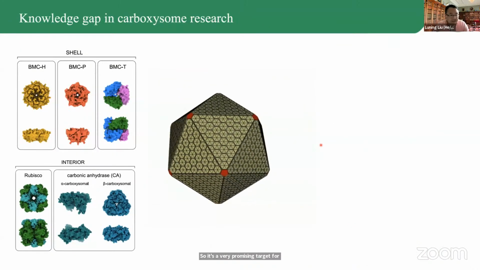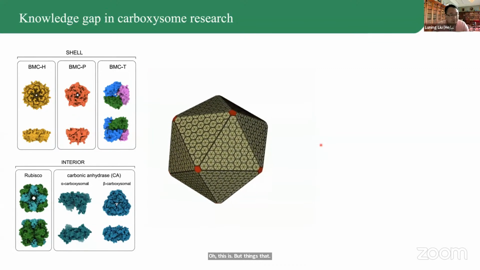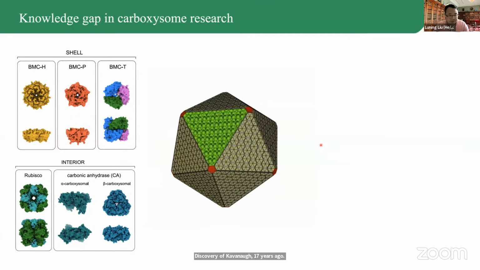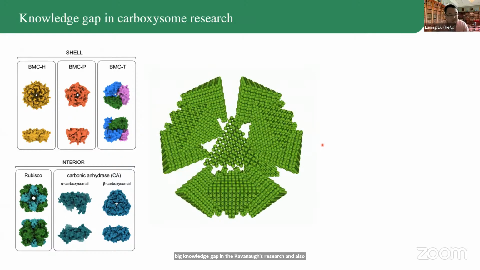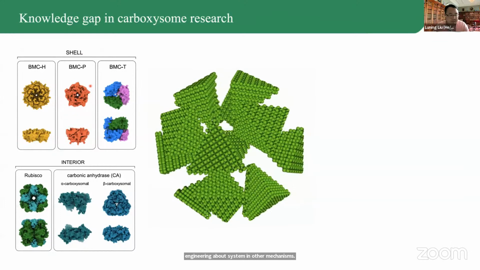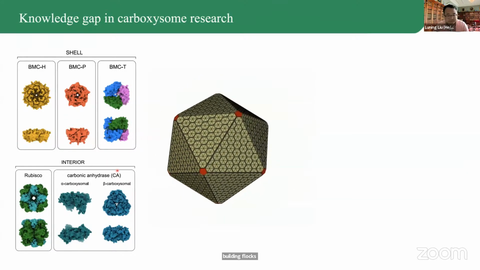But since the discovery of the carboxysomes 17 years ago, there's still a big knowledge gap in carboxysome research and also in engineering carboxysomes in other organisms. For example, the major question is how different building blocks assemble together to form functional entities.